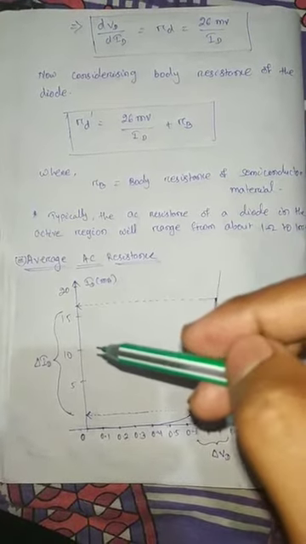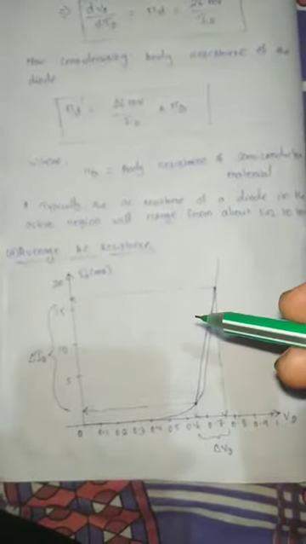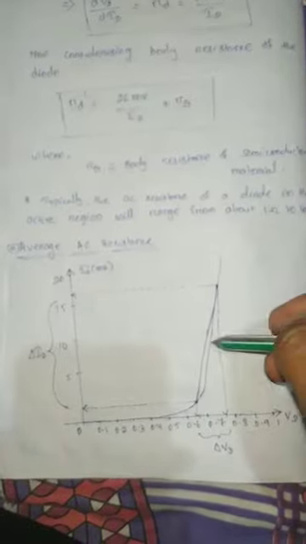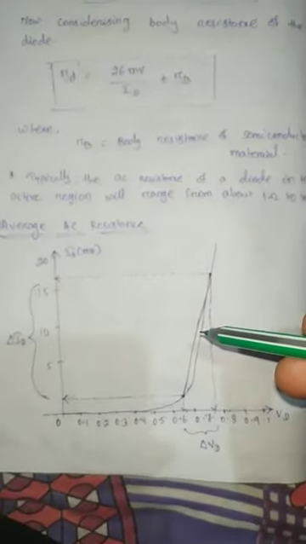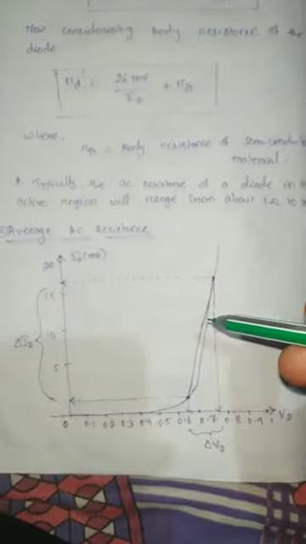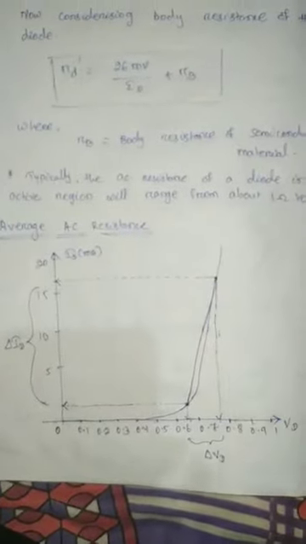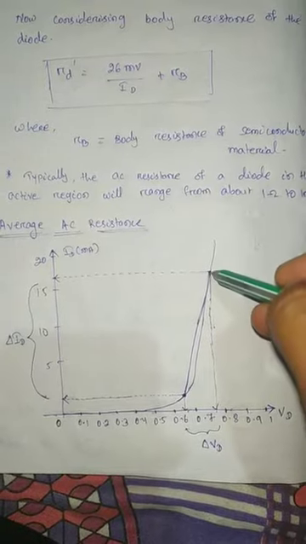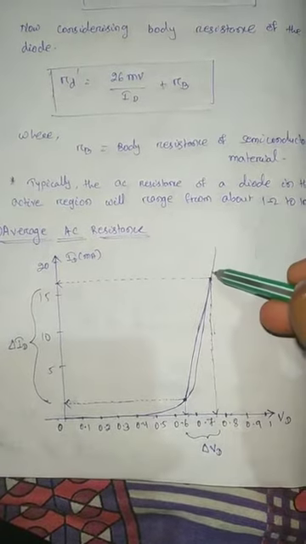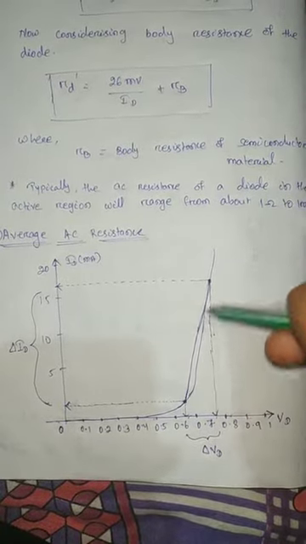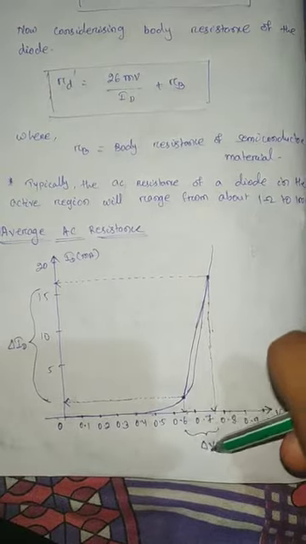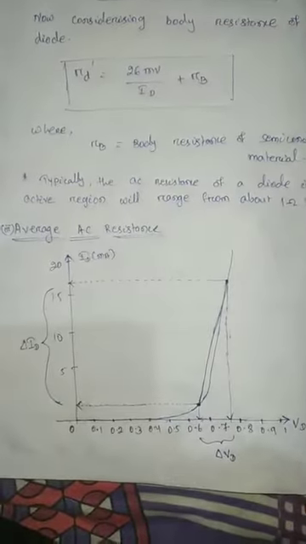That means if the input voltage is very large, it will provide a broad swing of the operating point. The resistance provided by the diode in this region of operation is known as average or AC resistance. How is this average AC resistance calculated? It is calculated by drawing a line between the maximum and minimum points on the curve, and using this line we find the differences delta Vd and delta Id.